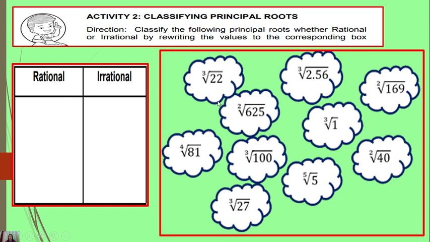And so on. Okay? So, ang lahat ng mga ito, itatransform mo lang dito, ililipat mo lamang siya dito because of the word rewrite. You rewrite the values to the corresponding box. I hope naintindihan ninyo yon.